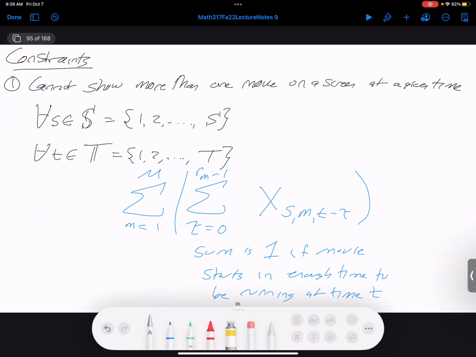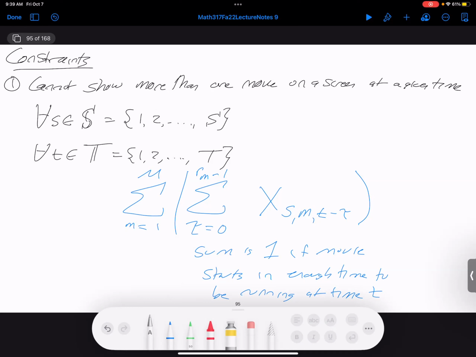And actually, I just realized on this point, we didn't finish the constraint. We just wrote down this sum, which is 1 if the movie starts in enough time to be running. What do we want this to be? If we want to show at most 1 movie on a screen at a given time, what should the sum be? What should the constraint be?